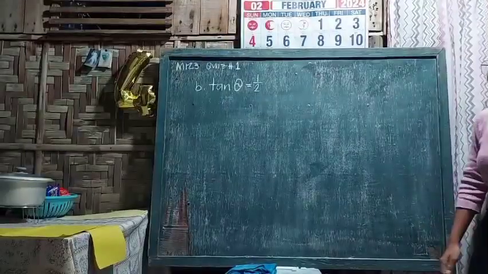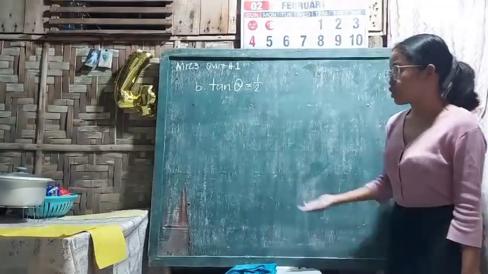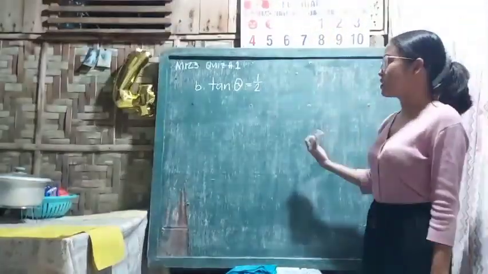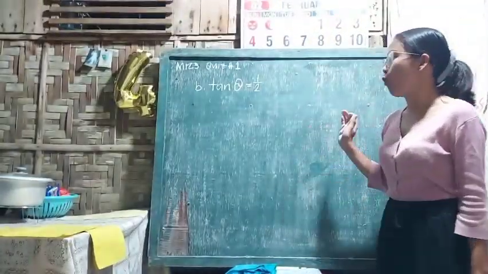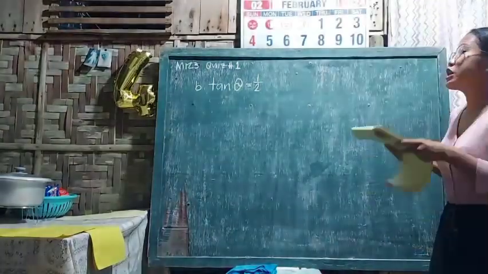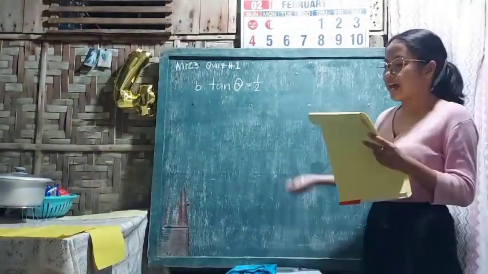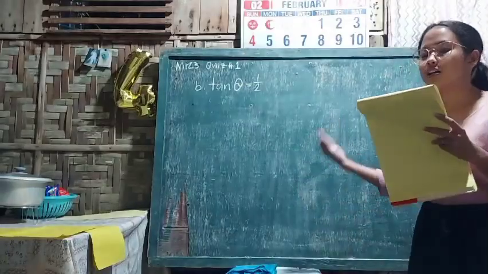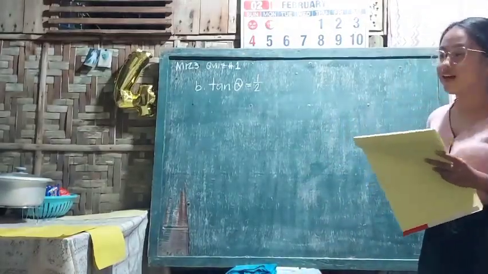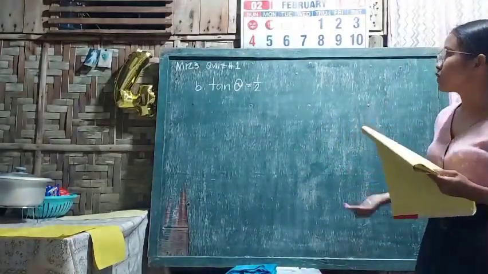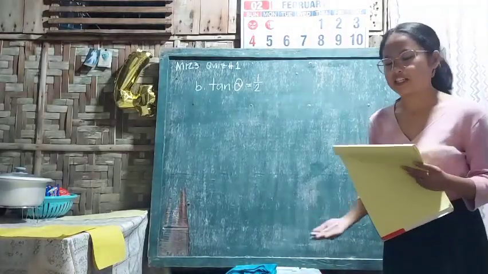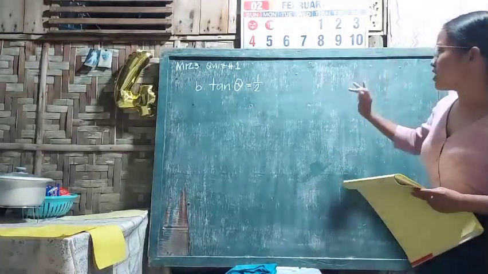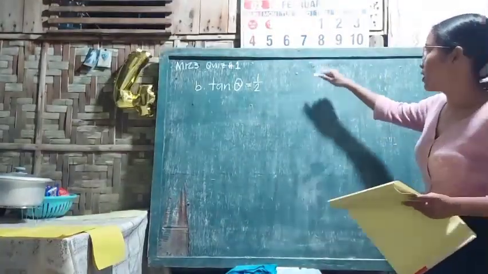For our next trigonometric function, we have tangent theta is equal to 1/2. Now we are going to look for the sine theta, cosine theta, cosecant theta, secant theta, and cotangent theta using the definition of tangent. So what is the definition of a tangent?